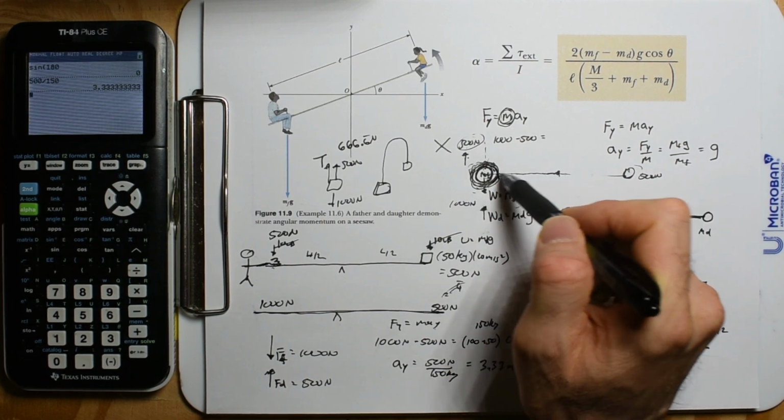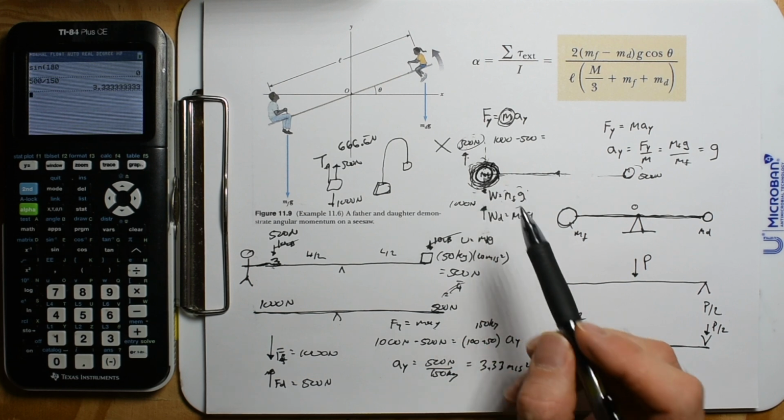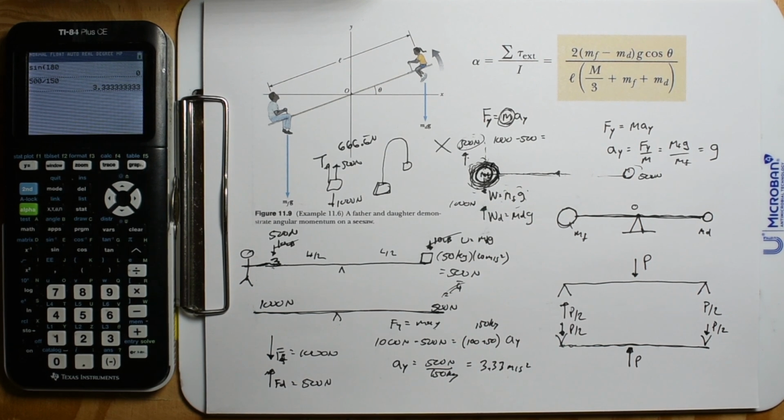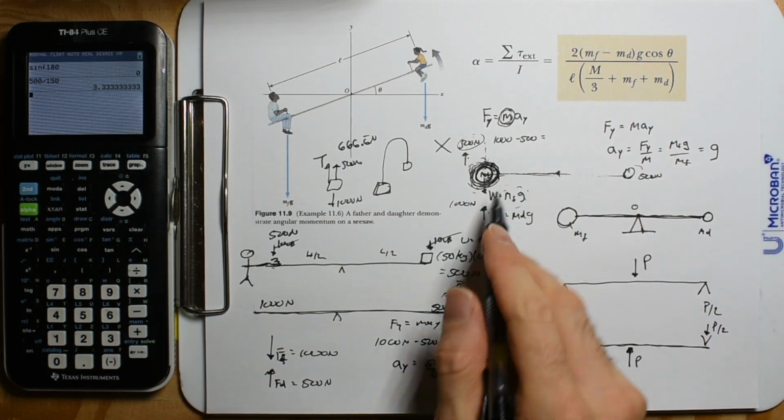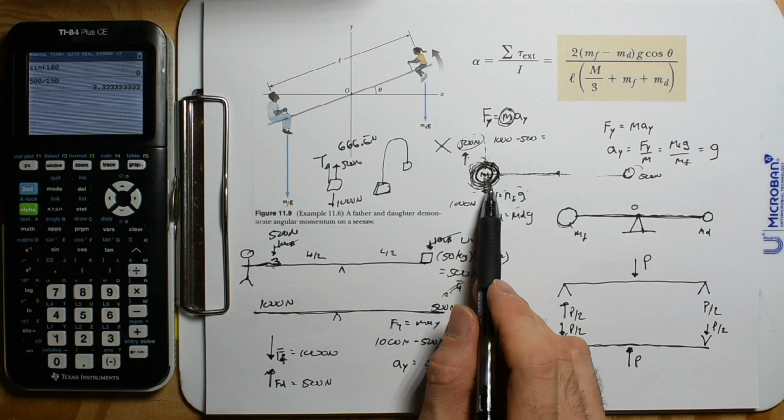but it's just not obvious. In this problem, if I take a free body diagram of that, I actually don't even know how to take a free body diagram of this one and show the forces.